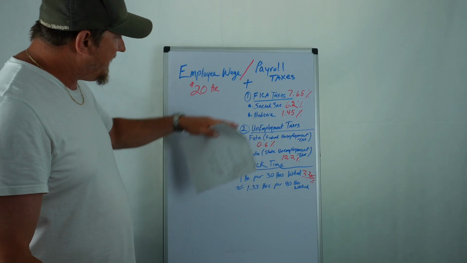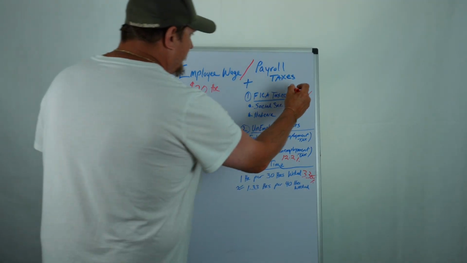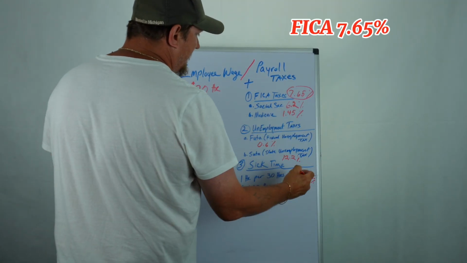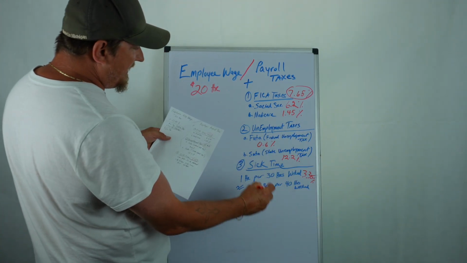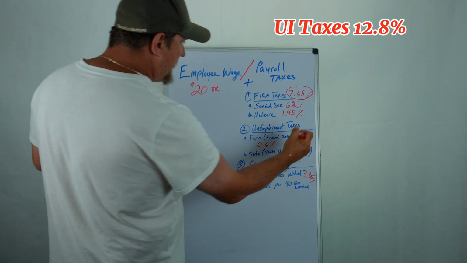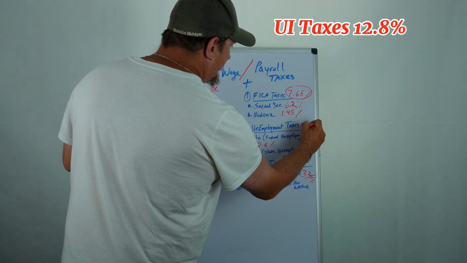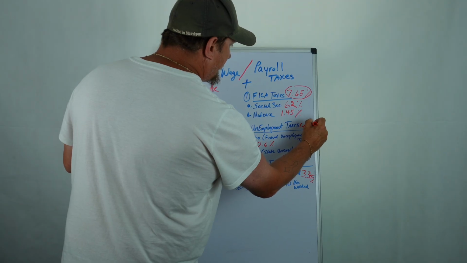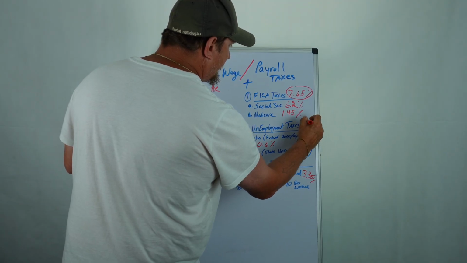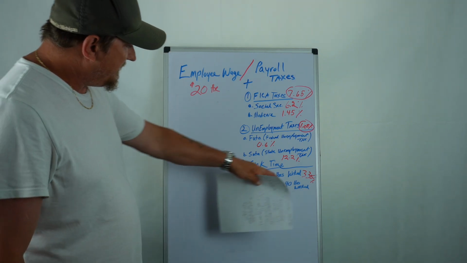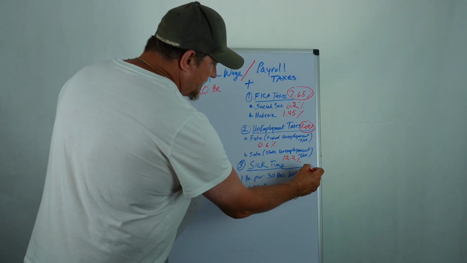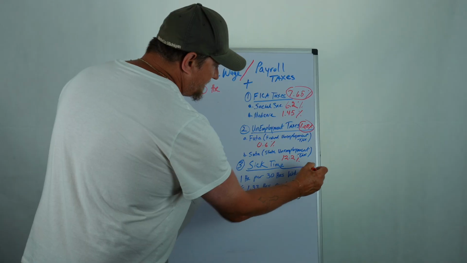Okay. Now when you add all these percentages up, your FICA and state unemployment tax, sorry I didn't add that, actually comes to 12.8%. And then 3.5% for sick time.